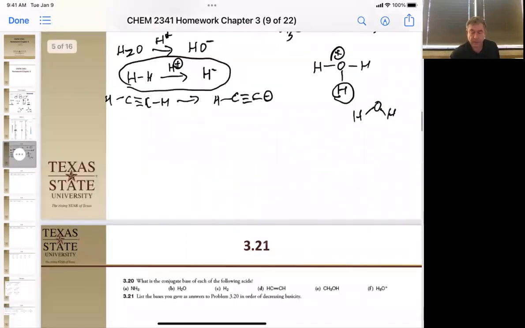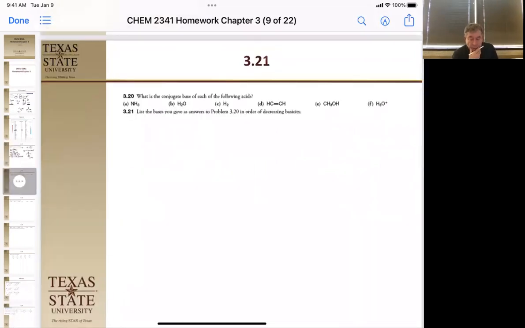All right, moving on to 21. List the bases that you gave in problem 20 in decreasing order of basicity. Okay, so we have to use that table again. So let's look up the pKa's for these on that table. If we look up the pKa for ammonia, we'll see it's 38. And the pKa of water is 15.7.